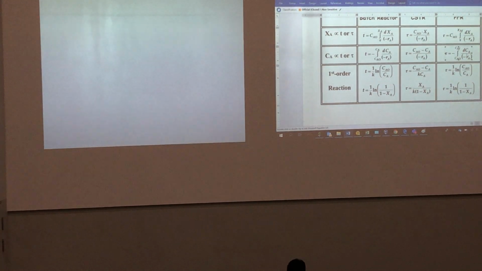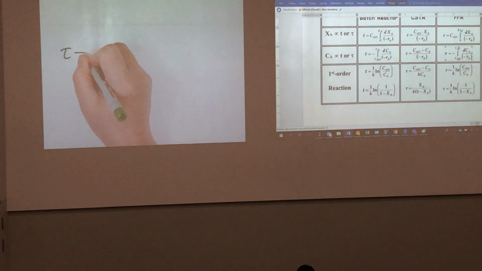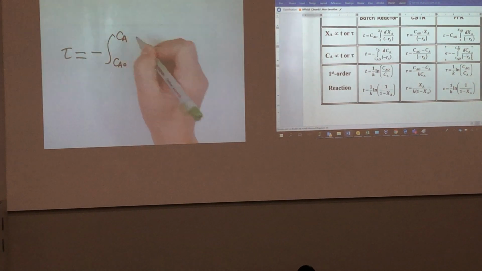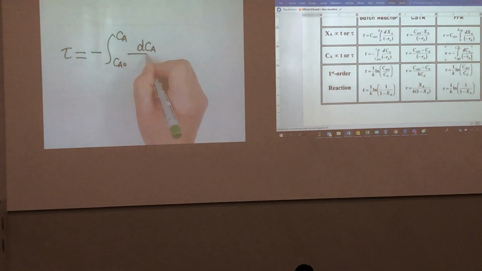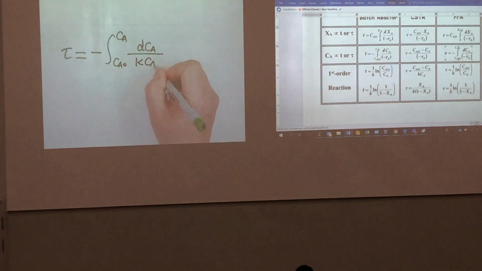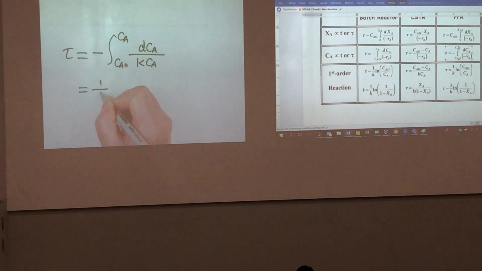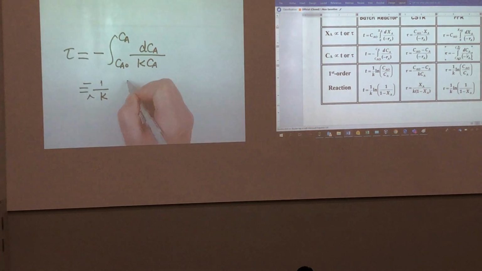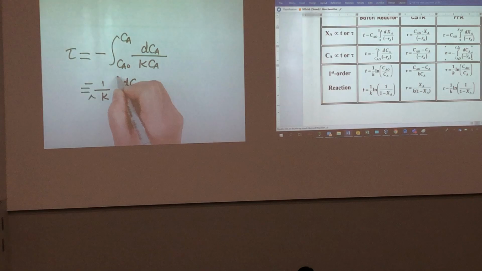Just repeat one more time. Make sure everybody knows how to do this. Tau equals to minus. Now if it's first order, KCA, right? Okay, K is constant. So just the minus is still here. Just take out the K, then you will have dCA, CA integration, right?